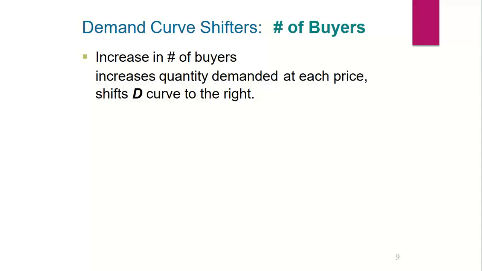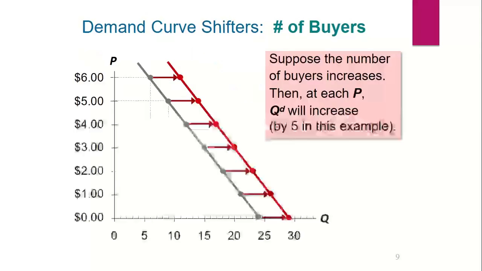Suppose that the number of buyers increases, then at each price quantity demanded will increase. Here the number of buyers increases by 5 in this example. Due to the increase in the number of buyers, the demand curve shifts outward, or the entire curve shifts rightward.